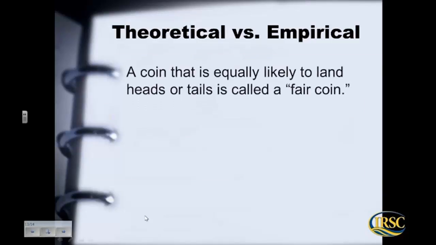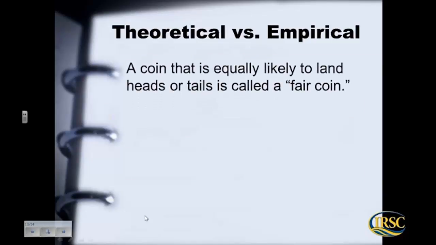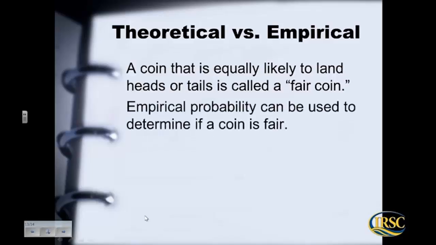All right, comparing theoretical versus empirical. A coin that is equally likely to land on heads or tails is called a fair coin. Empirical probability can be used to determine if a coin is fair. We know what the probability of landing on heads should be, but is that actually happening?